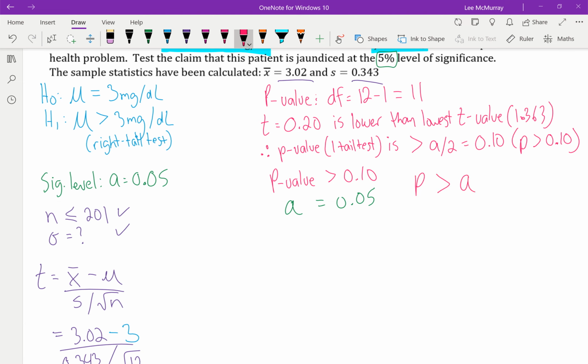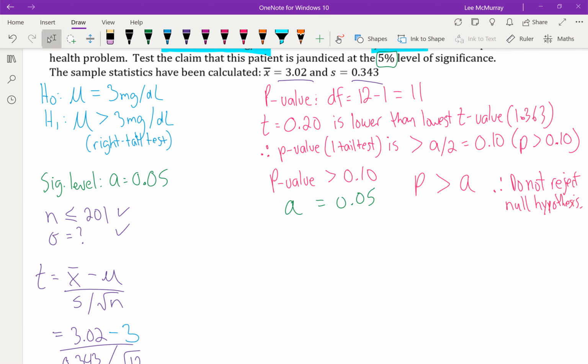And as a result, we do not reject the null hypothesis. The probability is greater than our significance level. As a result, we will just say, therefore, do not reject the null hypothesis.